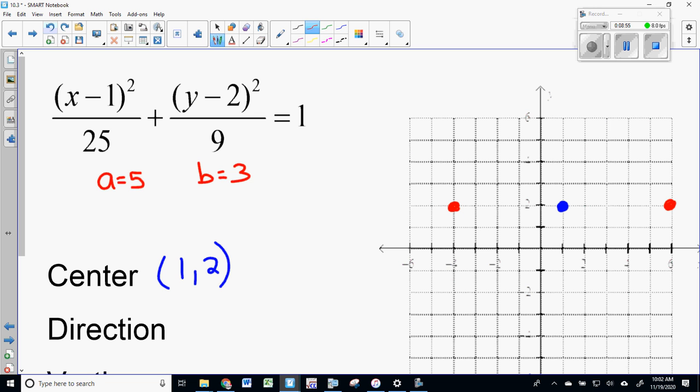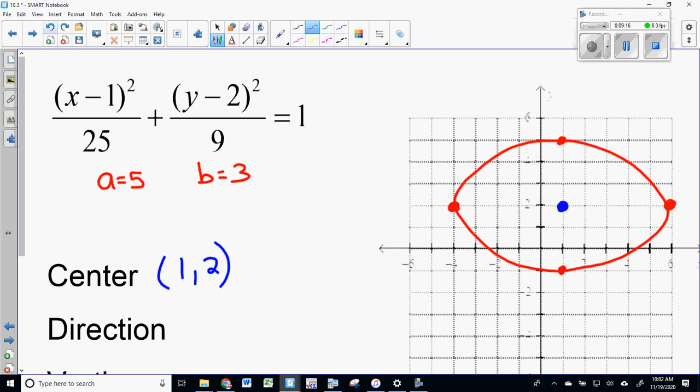In the Y direction, I'm going to go how many? 3. 1, 2, 3. 1, 2, 3. And now I'm going to connect those dots as best I can. And there is my ellipse.